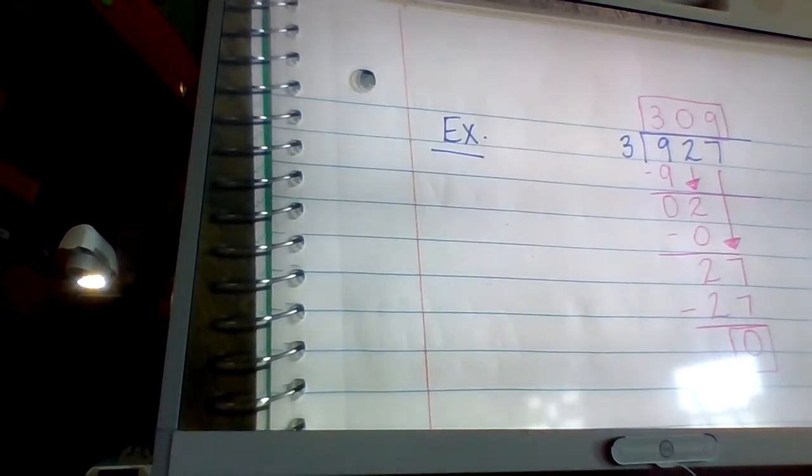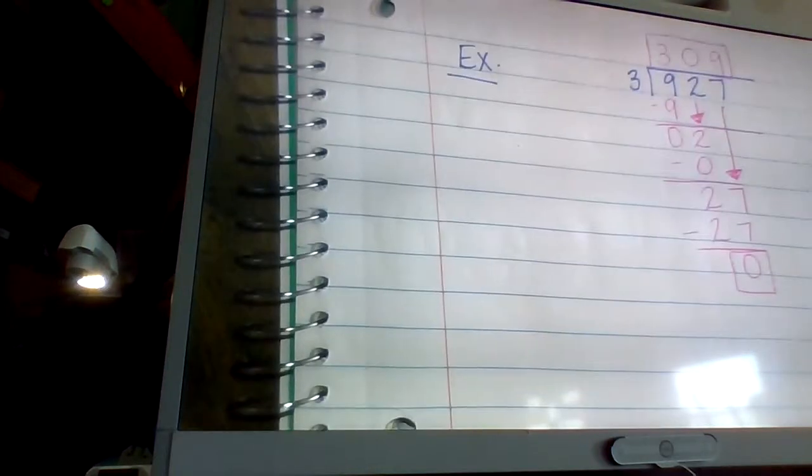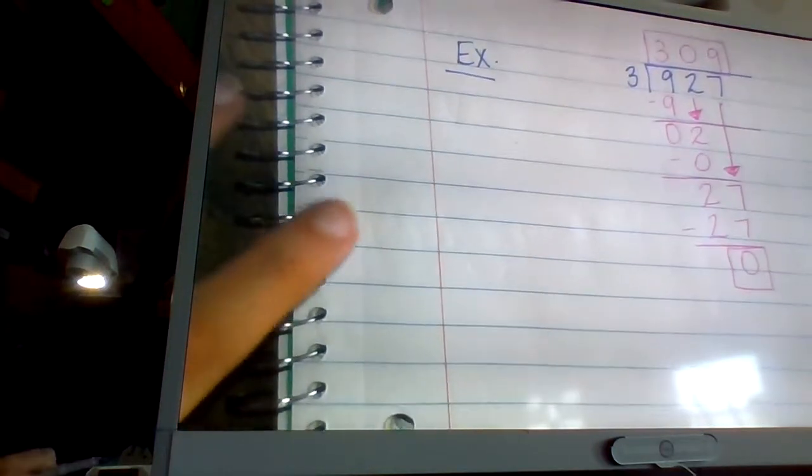All right. Now, if you are a visual learner, I'm going to use the exact same equation, but using a different strategy. I'm going to use a place value chart to solve. So my dividend is 927.